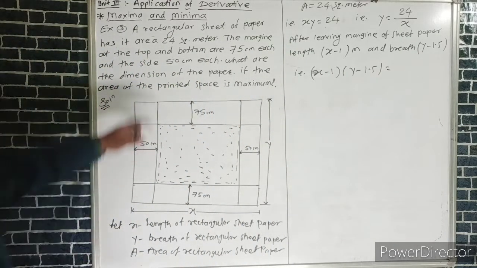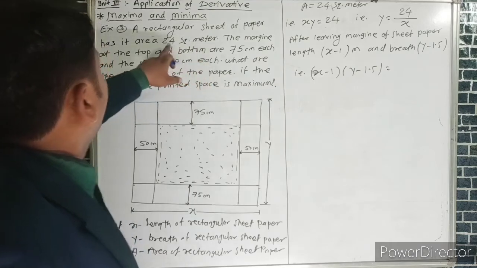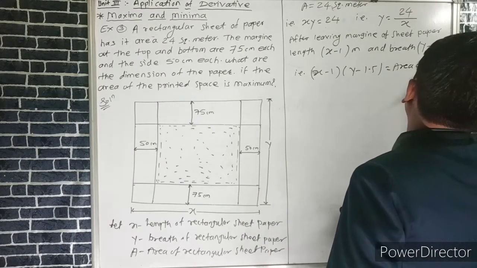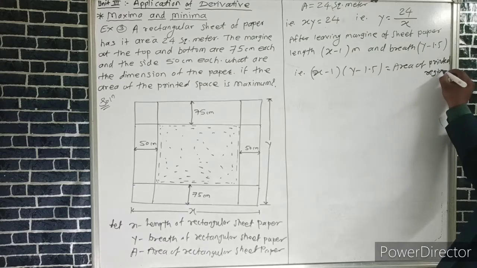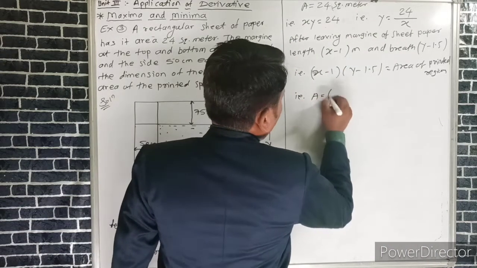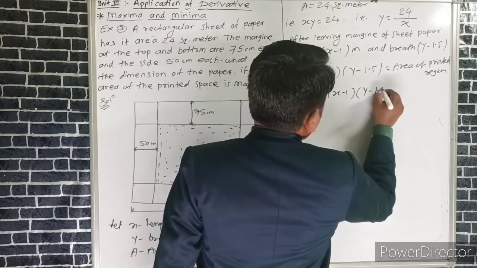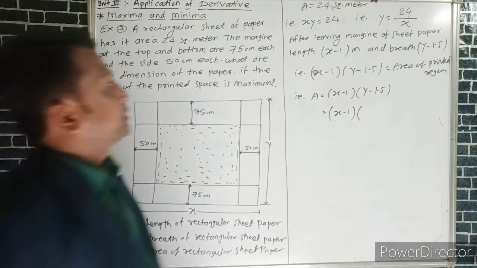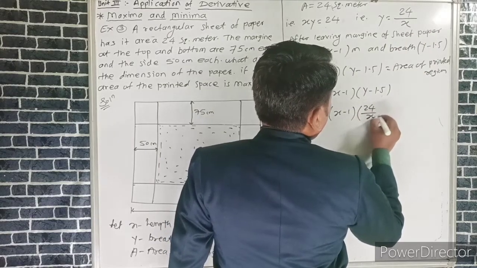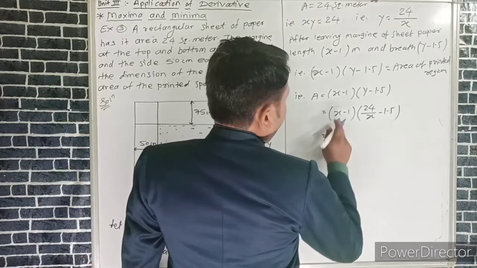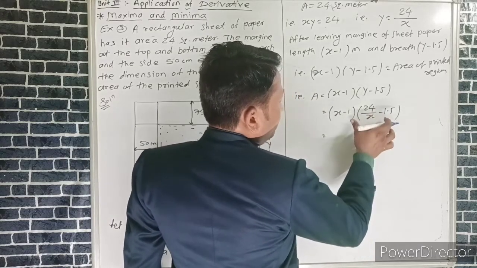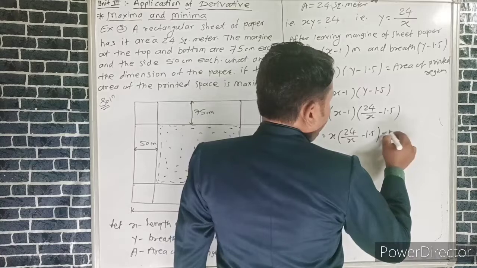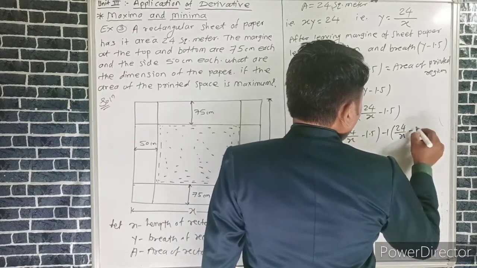Substituting the value of y, 24 upon x, we get A equals x minus 1 into 24 upon x minus 1.5.